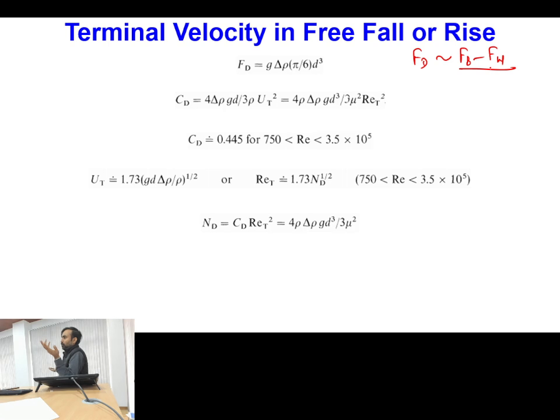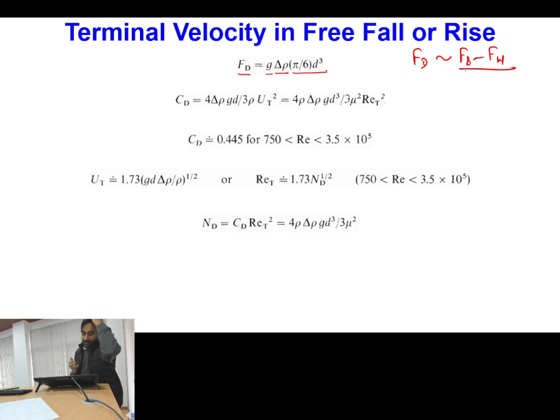So if you have a free fall situation, even at high Reynolds number, what will be happening? If you have a steady situation, if your flow is not accelerating, then the drag force will be balanced by buoyancy minus weight. So I can write that drag force will be equal to delta rho times g pi by 6 d cubed. Is this one clear?